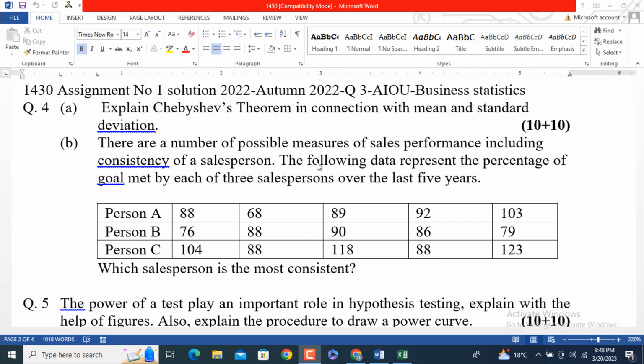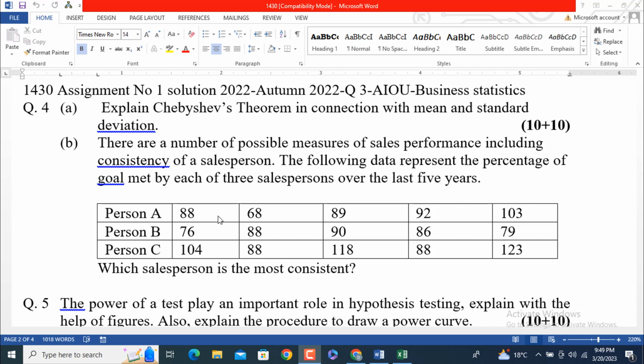There are a number of possible measures of sales performance, including consistency of a salesperson. The following data represents the percentage of goal met by each of three salespersons over the last 5 years. It needs to be determined which salesperson is more consistent, as there are many measures or methods available to measure the performance of sales regarding the consistency of a salesperson.